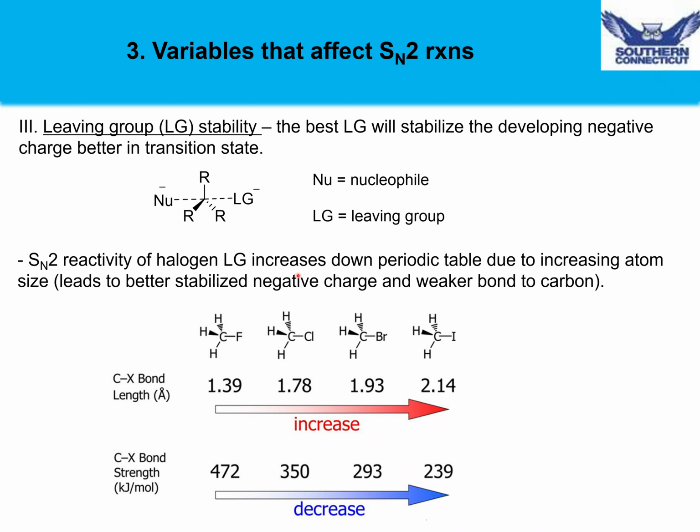Generally, the lower we are in the periodic table with the halogens, the faster the SN2 reaction will be. So the iodine tends to be a larger atom compared to, let's say, the fluorine. You can see that based on the bond length.